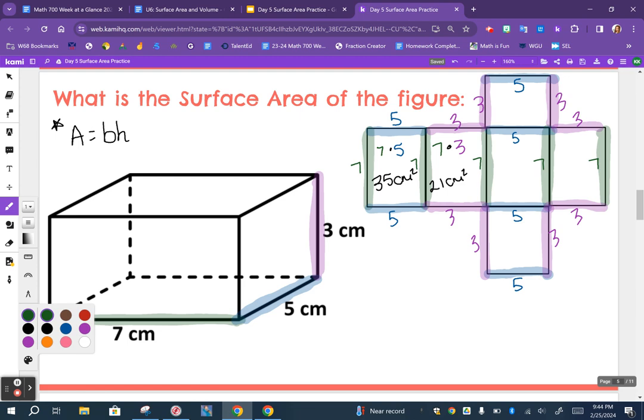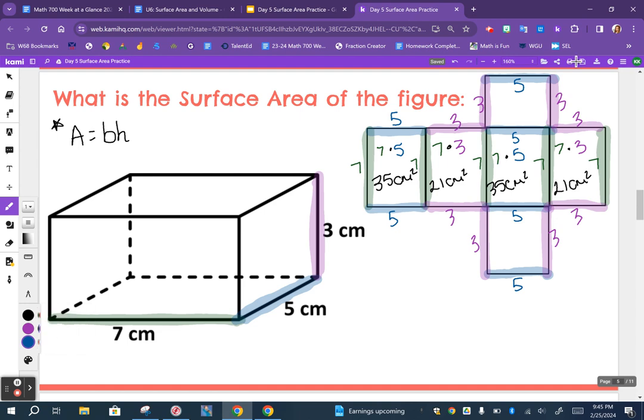This rectangle in the middle has a height of 7 times a base of 5, which will give us an area of 35 centimeters squared. We can keep going. This has a height of 7 times a base of 3, gives us an area of 21 centimeters squared.